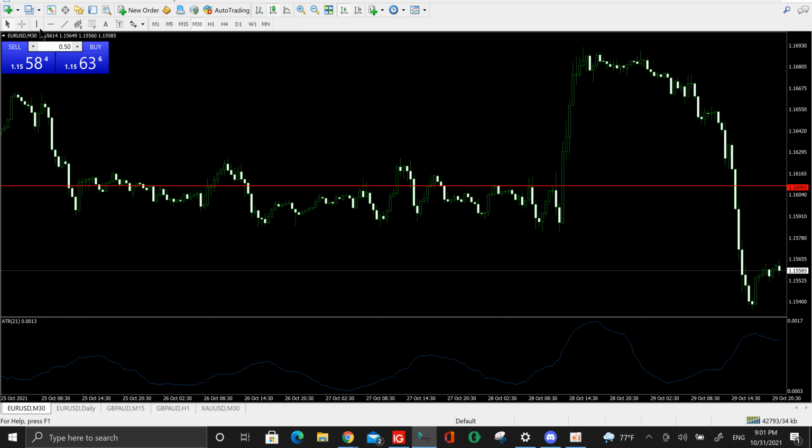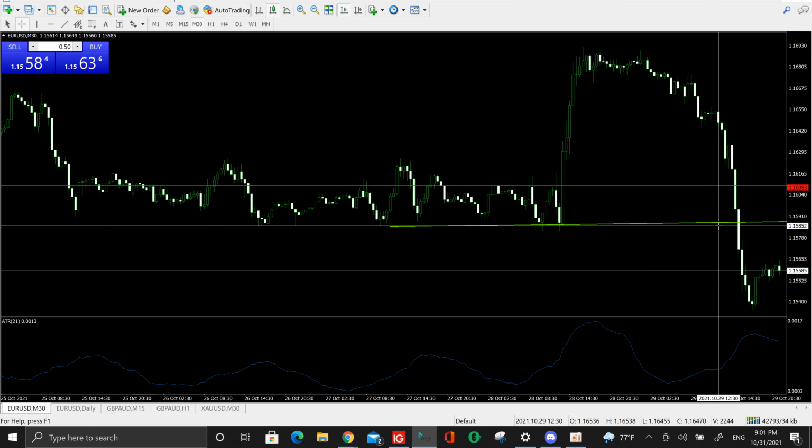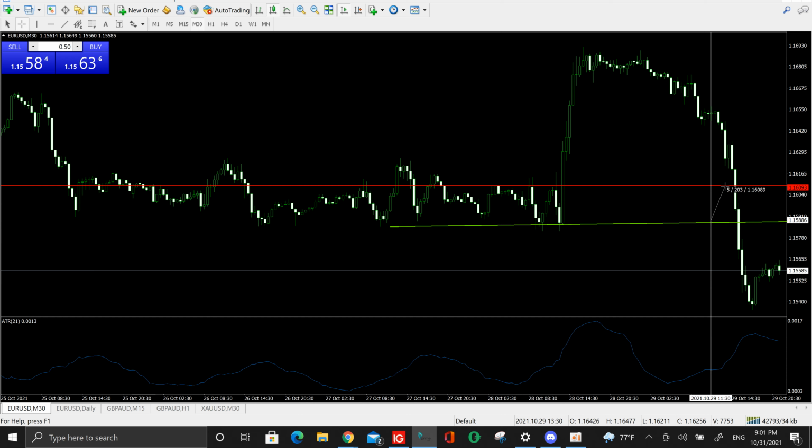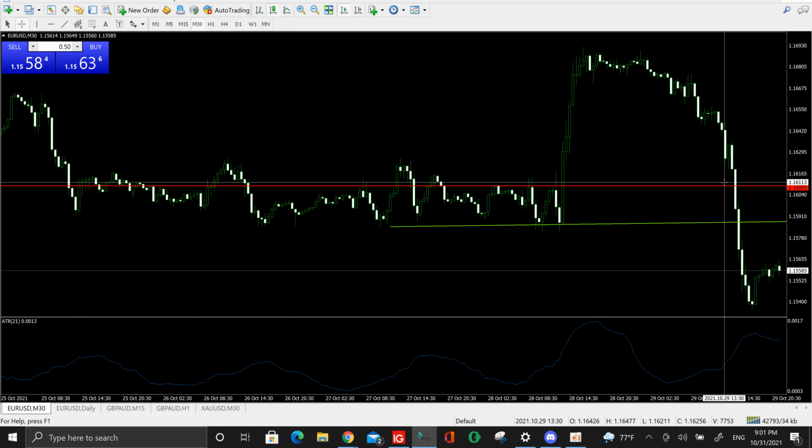So as of right now, the pair will remain bearish, and I would say that there is an area that I would look out for right above 1.159. But when price does get there, I do not believe it will continue to climb. I just think that that's a good area to look for some sells between 1.158 and 1.16.